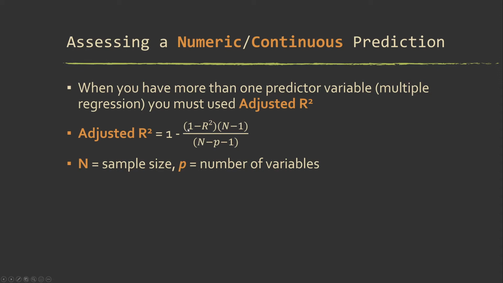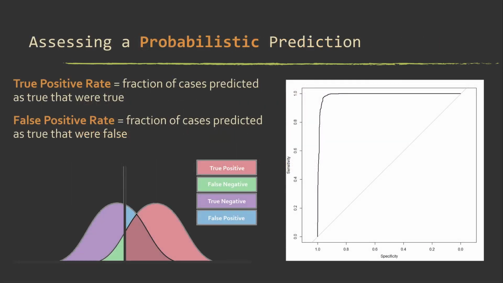You take 1 minus R squared, multiply that by n minus 1, where n is the number of validation samples, and then divide by n minus the number of predictor variables minus 1. That gives you adjusted R squared as opposed to regular R squared.